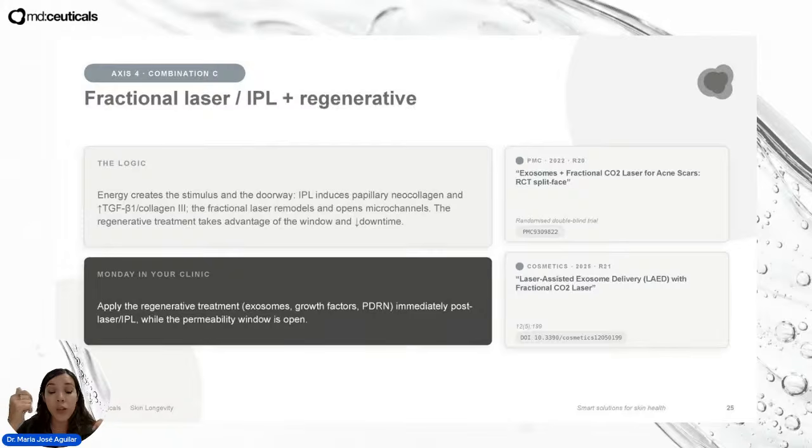These three increase the angiogenesis and the VEGF, the vascular endothelial growth factor, and in this way they help us to decrease the downtime and increase the response and the recovery with an immediate effect.